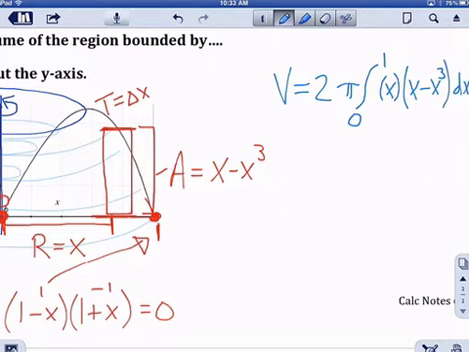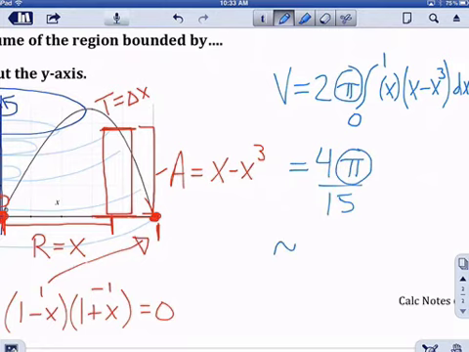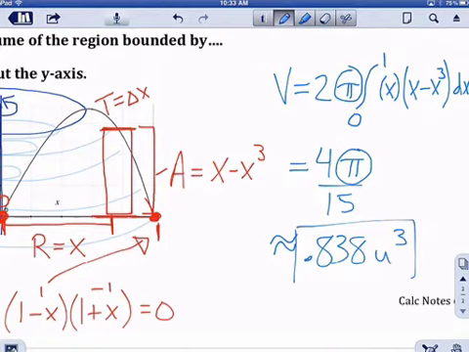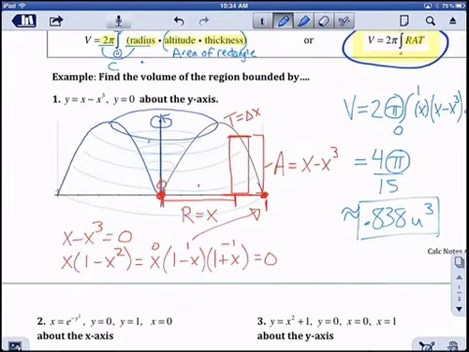Then using your calculator to evaluate this, we get 4 pi over 15. Essentially do everything except don't put the pi in your calculator, and then we can approximate this and we get about 0.838 cubic units.